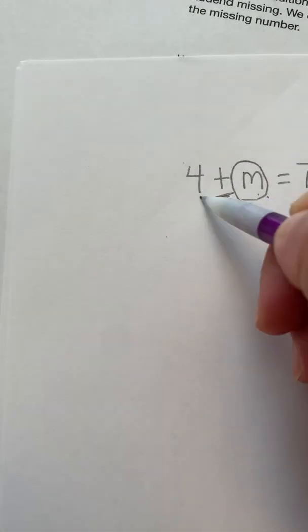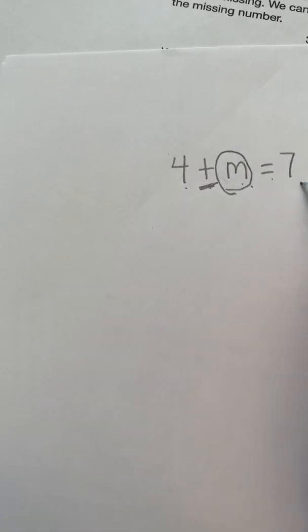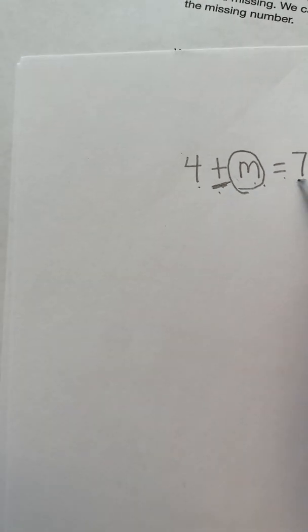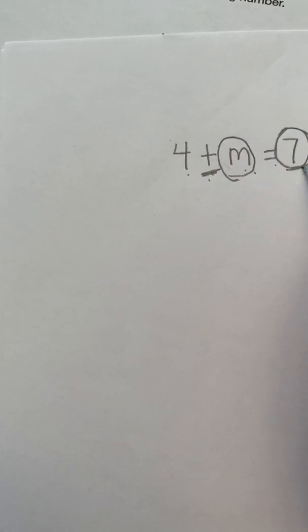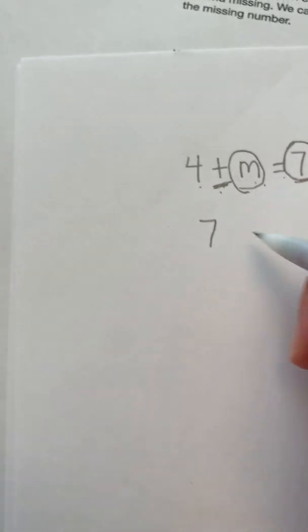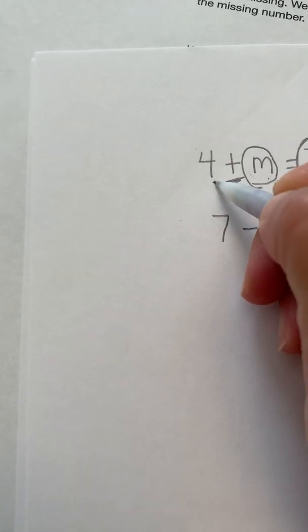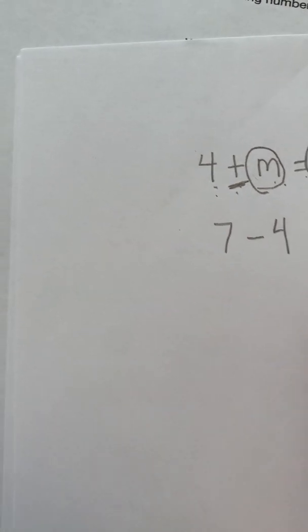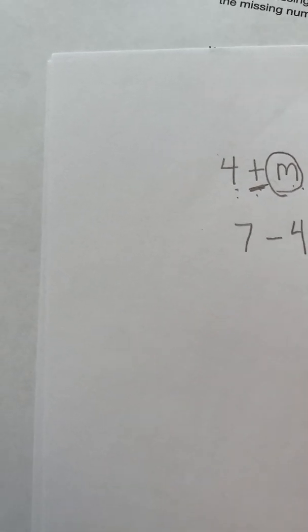So here, if we have 4 plus M equals 7, then I'm going to subtract. I'm going to take this sum, 7 minus, and I'm going to take that add-in, 4, which is what I have, equals 3.